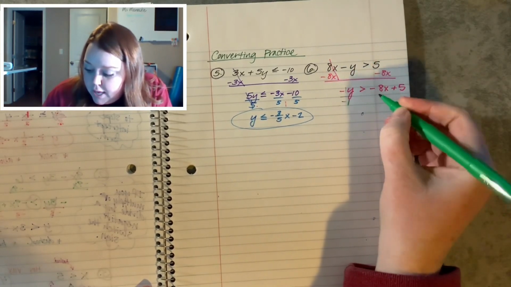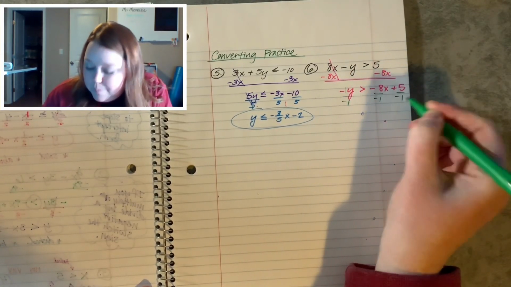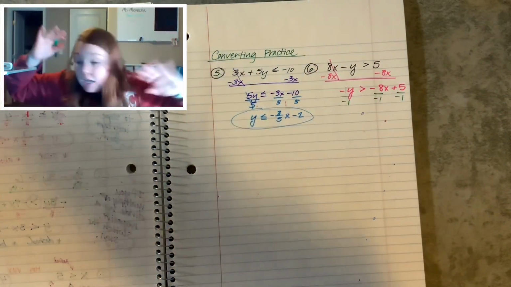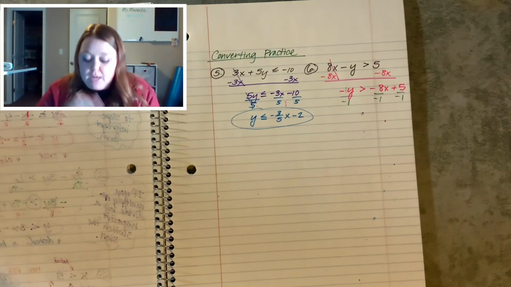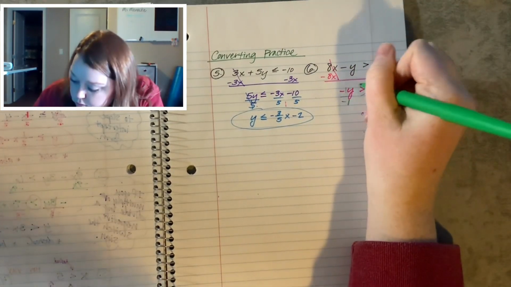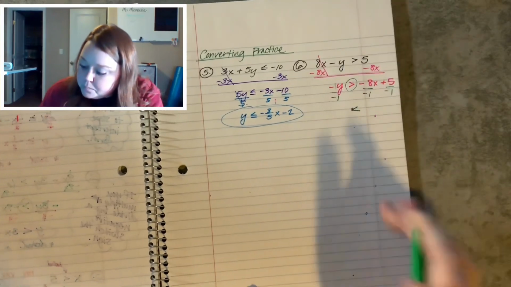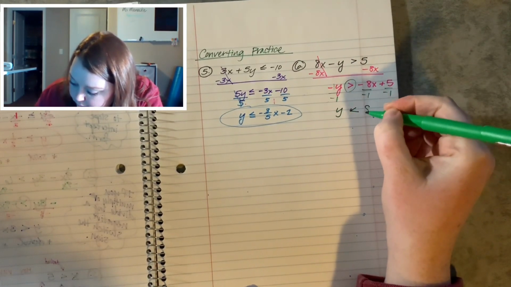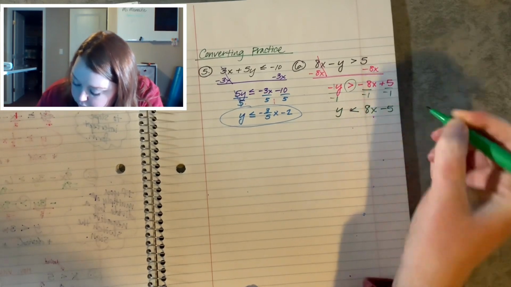So we divide every single thing by -1. There should be an alarm going off in your head: if you multiply or divide by a negative, you have to switch that sign. So the sign gets switched on this one. We're left with positive y is less than 8x minus 5.